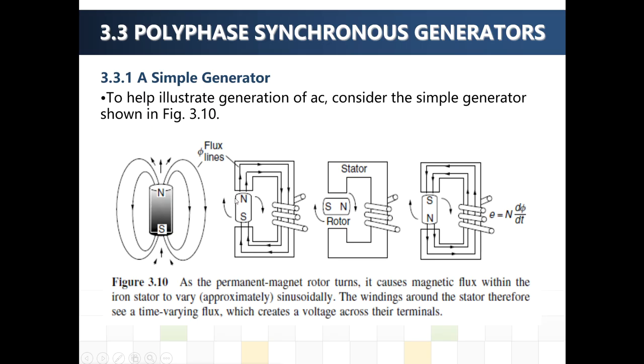So when this magnetic field rotates, it causes a change of flux and a voltage will be generated.